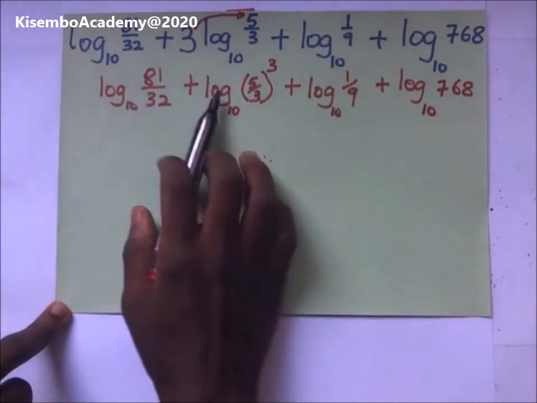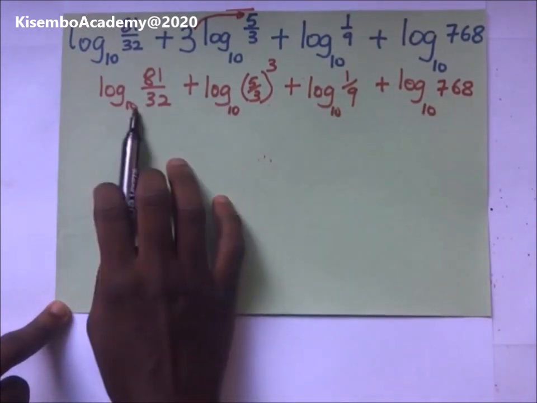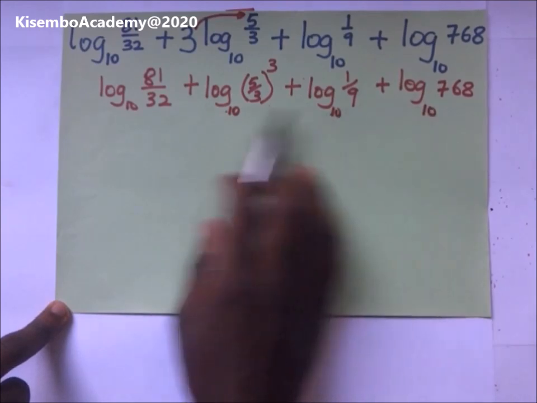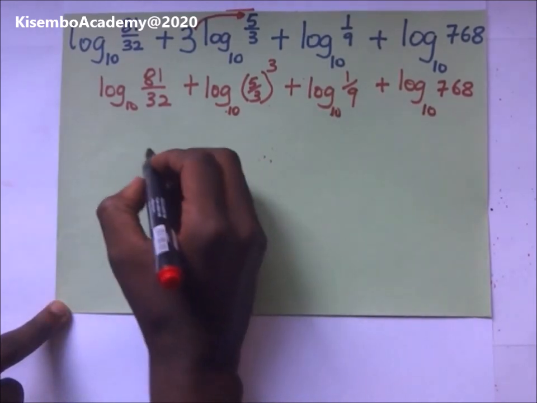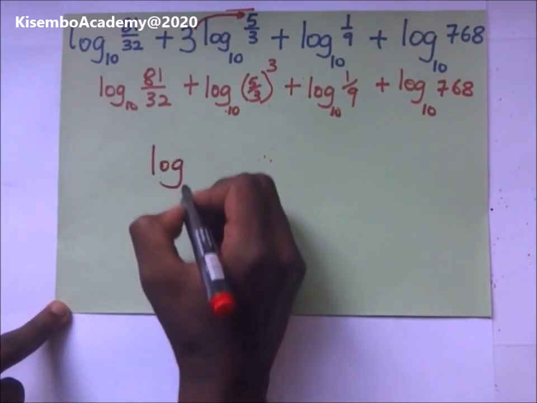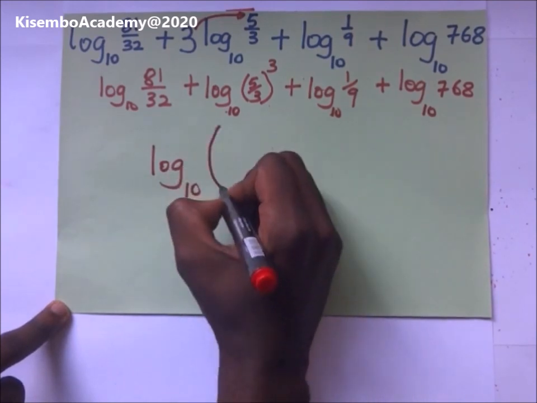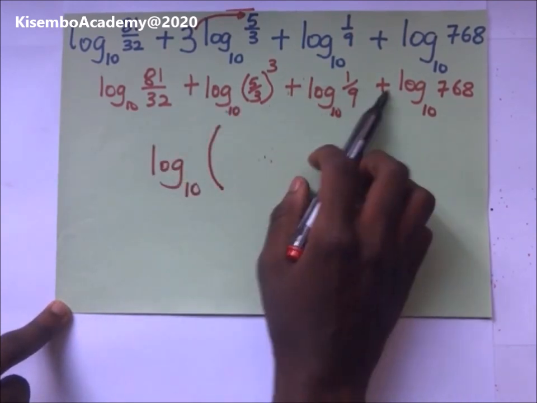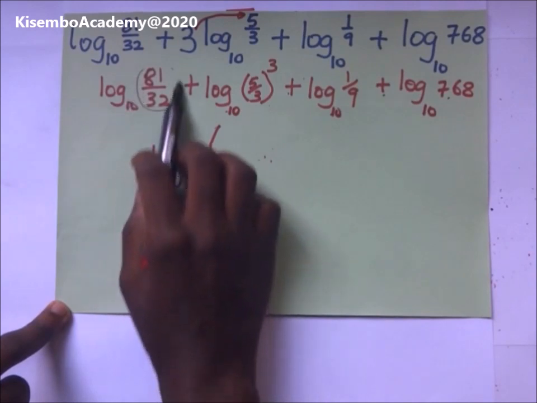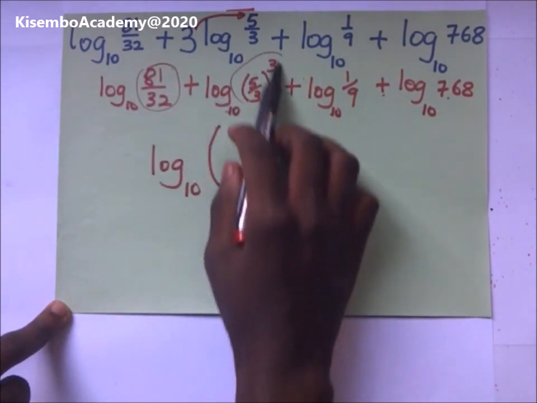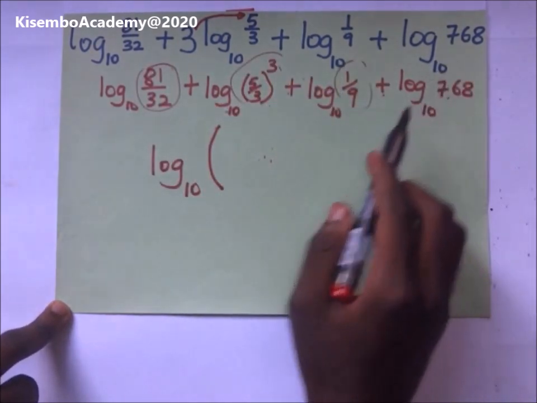Then since it's all addition and we have logarithms of the same base 10, we shall maintain the base. It's going to become log to base 10 of, since it's plus throughout, the numbers are going to be multiplied. We multiply this by that, by this, by that.